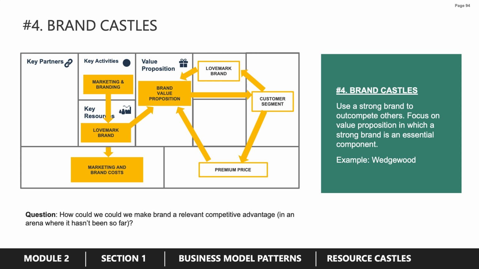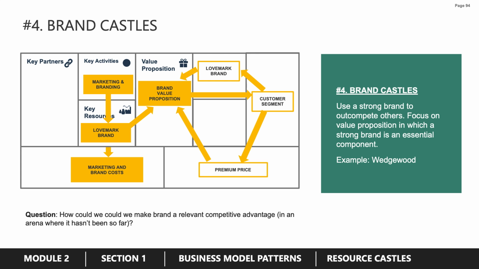That means the customer experience or the customer relationship becomes a key aspect of your business model, because a brand can be easily damaged if you don't have good customer support, if you don't maintain a good relationship with your customers. So for each customer segment, you need to ensure that you follow through with that in terms of delivering a good customer experience. But the benefits are that you can charge a premium price. As we all know, Apple charges premium prices relative to other manufacturers.